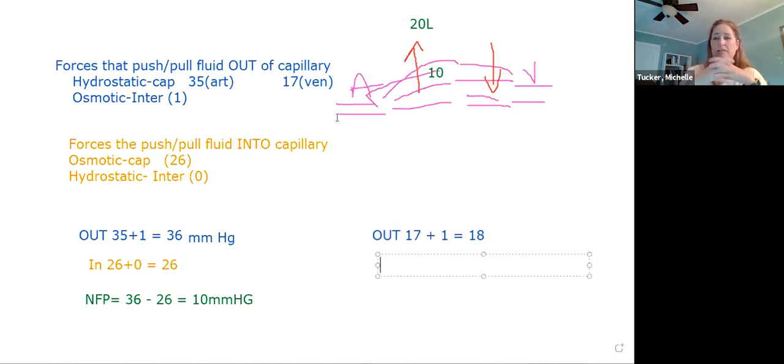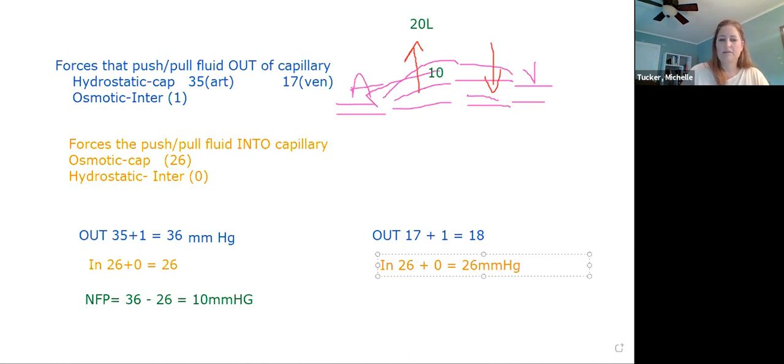The plasma proteins haven't gone anywhere. They're still in the capillary, so they have the same pressure. They're still pulling in at the same rate. So in is 26 plus, under normal conditions, 0 for 26 millimeters of mercury.